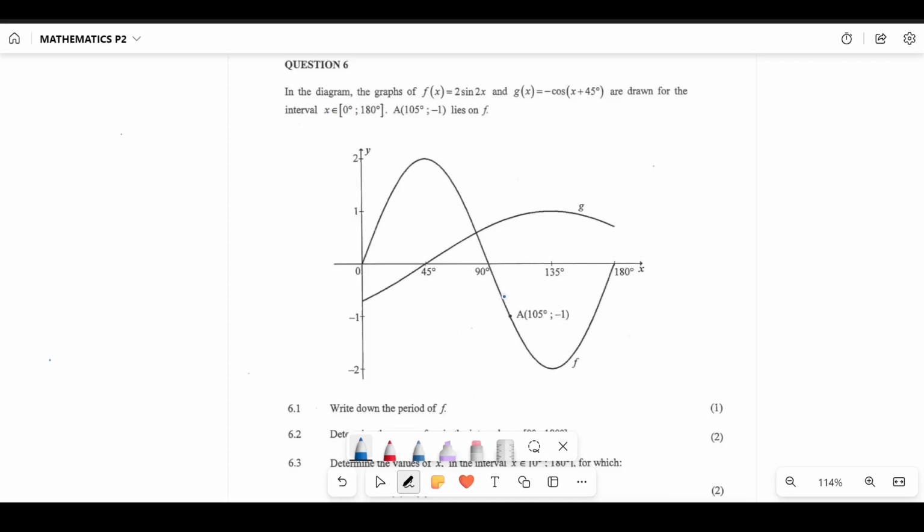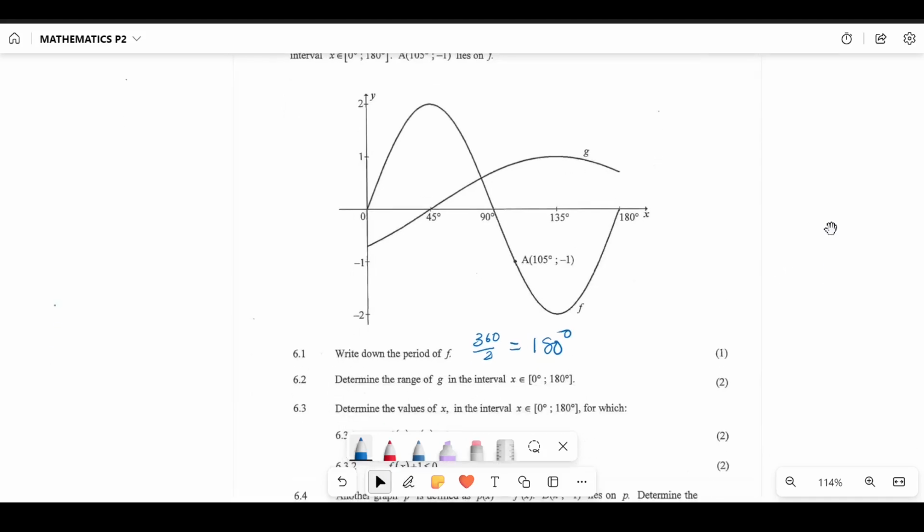Everything is marked there. 6.1. Write down the period of f. Period of f is 2 sine 2x, so there is a coefficient of x, so the period is 360 divided by the k value there, which is 2. So the answer is 180 degrees.